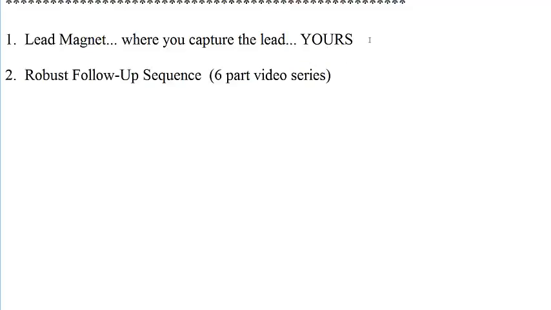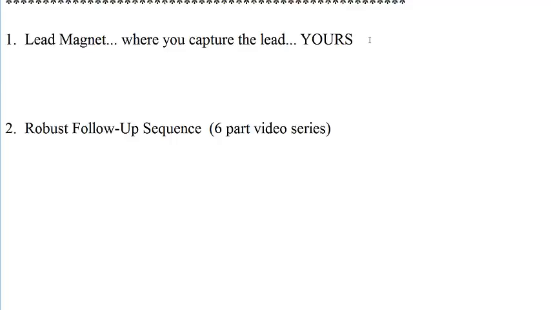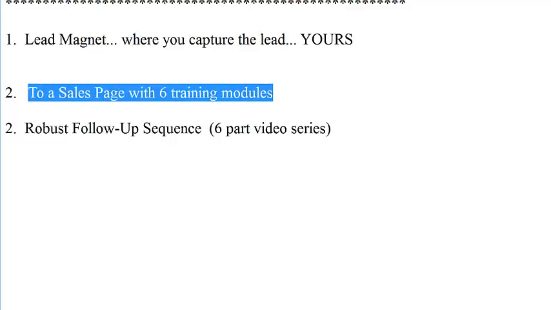Now, let's make sure that we understand this. The lead magnet is going to lead them to, it's really a sales page with 6 training modules. Some people are going to view all training modules right there at one sitting, okay?